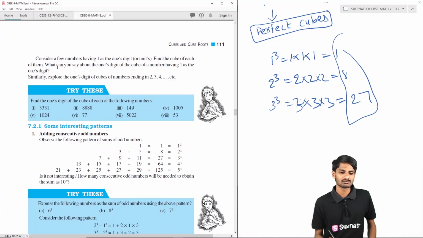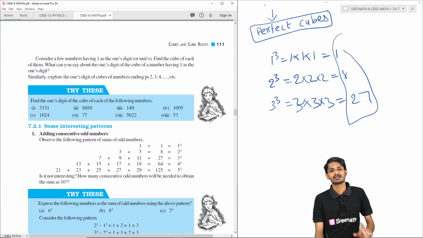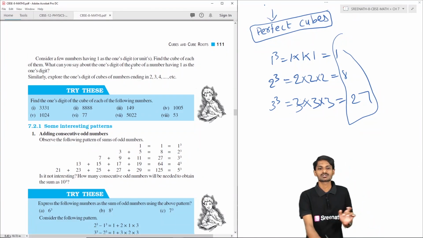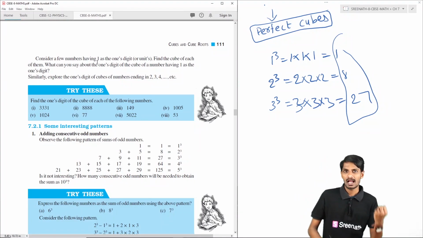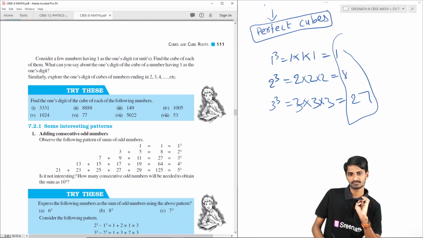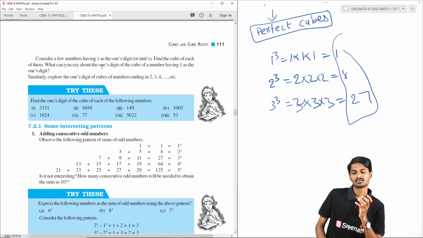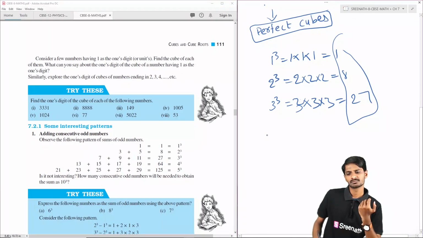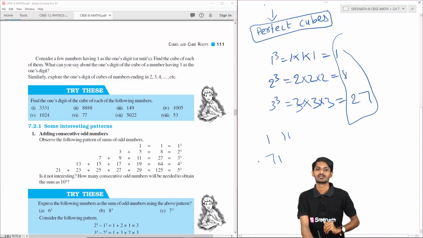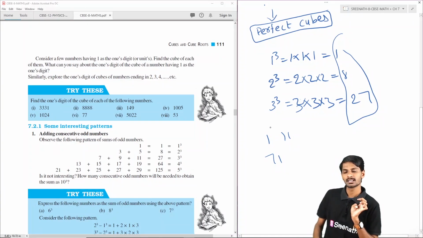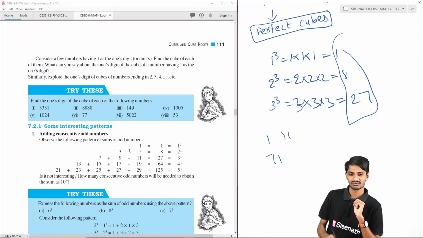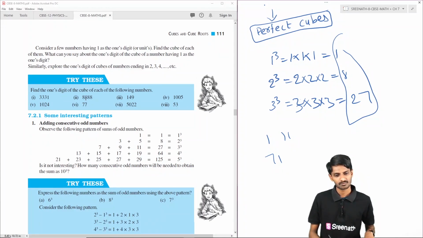So consider a few numbers, students, whose units place has 1, let's say 1, 11, 71, like that, and find the cube of each of them. Observe the cube numbers and what is there in their unit digits. Do it by yourself.